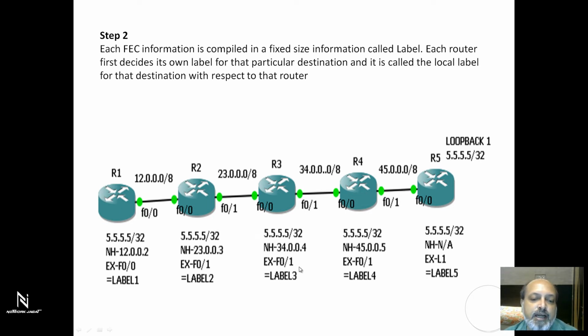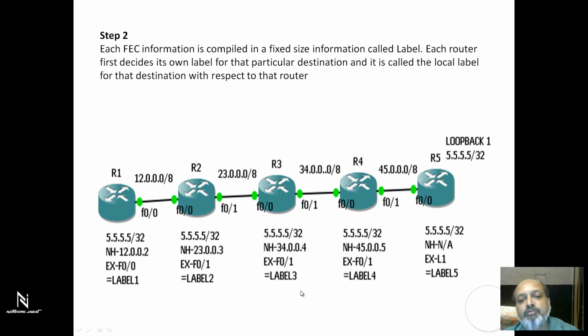These labels, which are created first, are called local labels. So label 1 is the local label with respect to R1, label 2 the local label with respect to R2 and so on. Once again I repeat, these labels may contain other information also, but for the sake of simplicity and to understand the mystery of MPLS, I am just considering these two pieces of information.